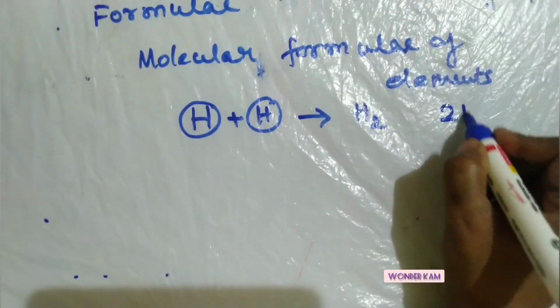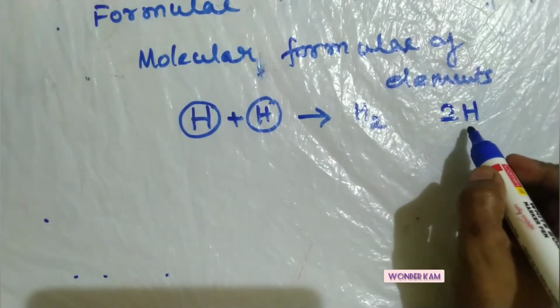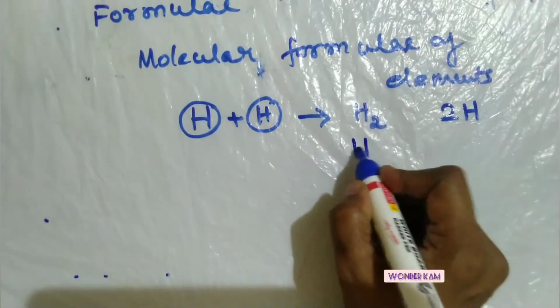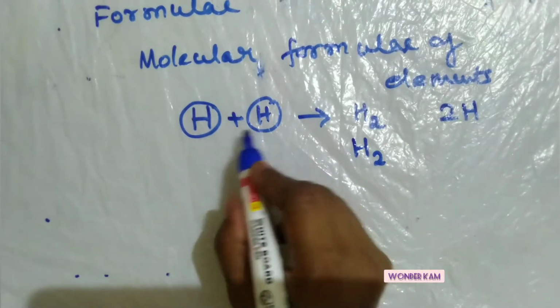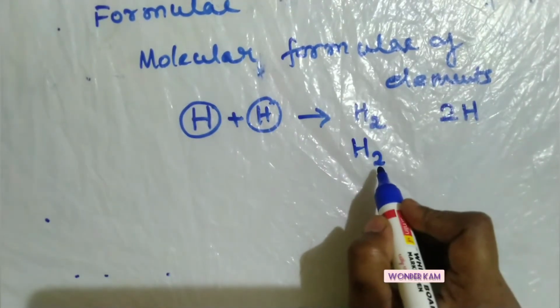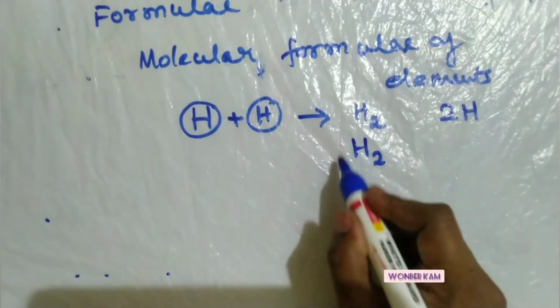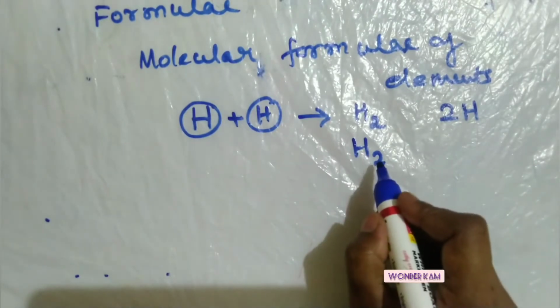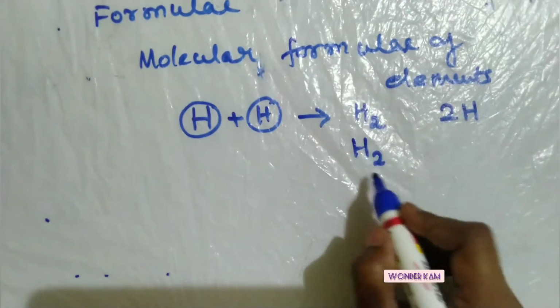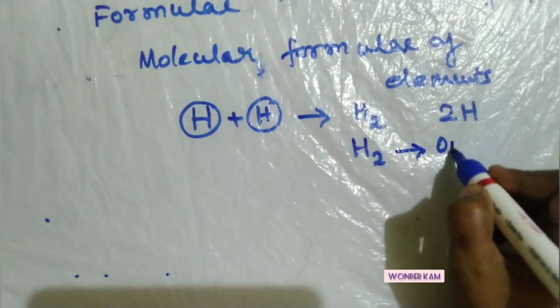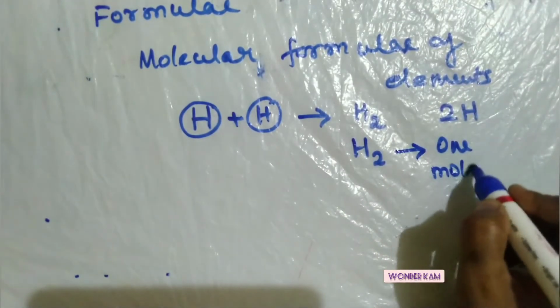We can't represent molecules like that. Always we have to represent the molecules of the same elements. When both atoms of the same element combine together, we represent it as H2. This is the molecular formula of the element. That means this represents one molecule of hydrogen.